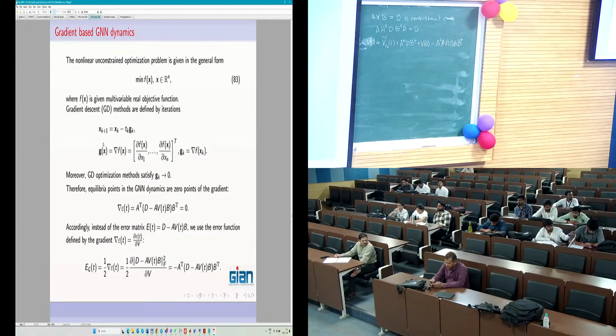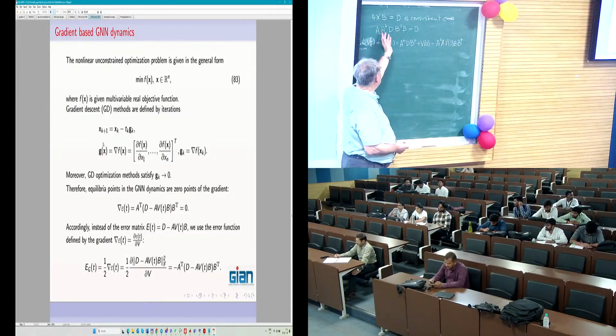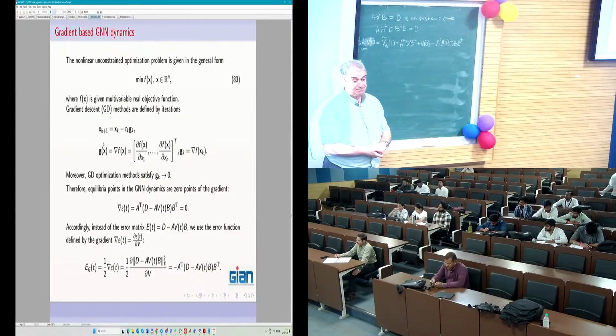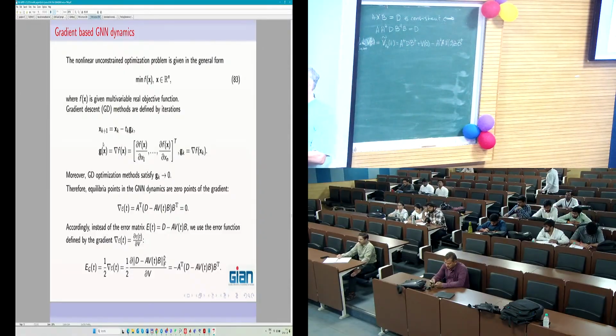Our goal in modifying the GNN design was to avoid this assumption. This modification is based on the application of the gradient descent method for nonlinear optimization.